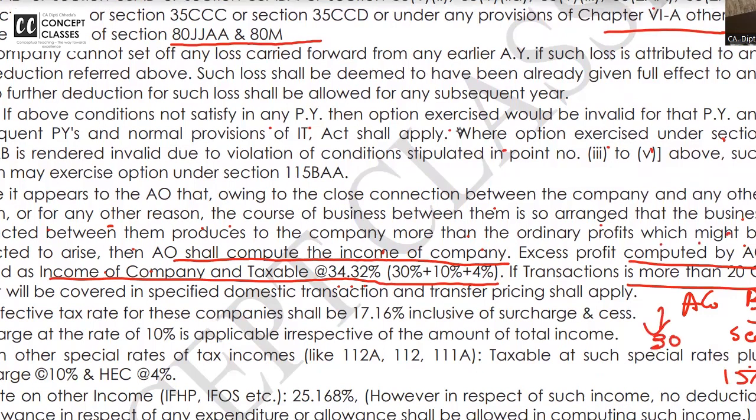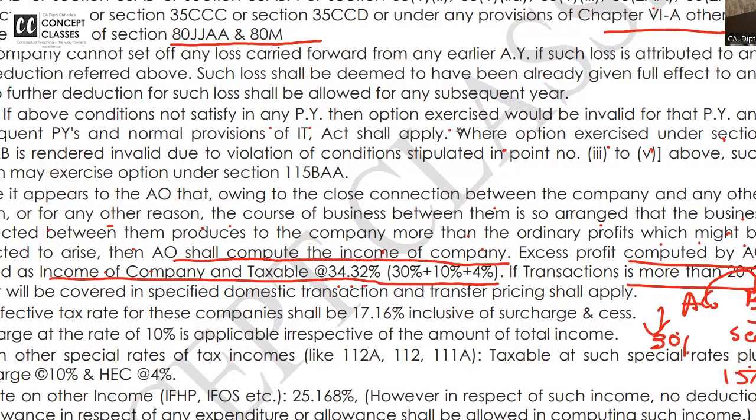And this company is paying 30% tax. A company smartly trying to divert its income to B company. And you can clearly say no, this is A company's income. A company itself is giving service to some third party, but just the billing is done through B company and they are trying to manipulate income. AO can disallow and AO can say such income will be taxable at 30%, surcharge 10%.